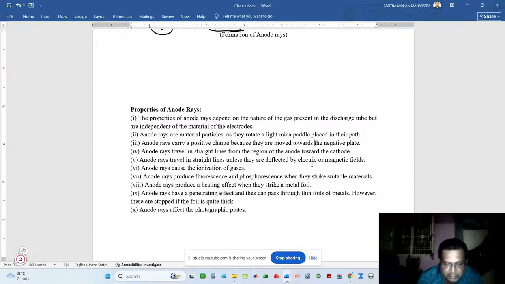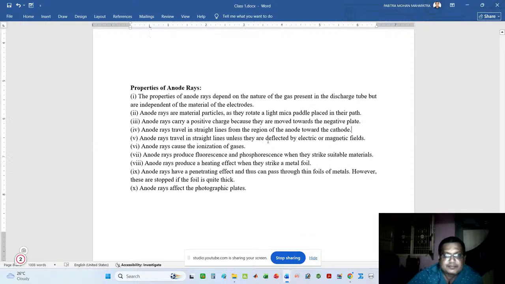Since the anode ray moves in the opposite direction of the cathode ray, the anode ray shows the opposite charge to the cathode ray. Cathode ray shows negative charge, so anode ray must show positive charge. So anode ray carries positive charge because it moves towards the negative plate.